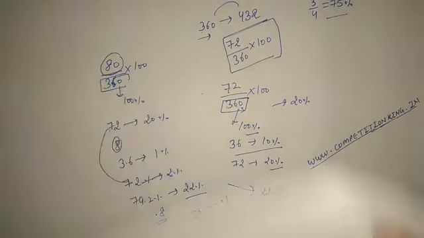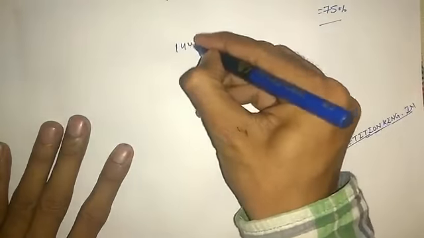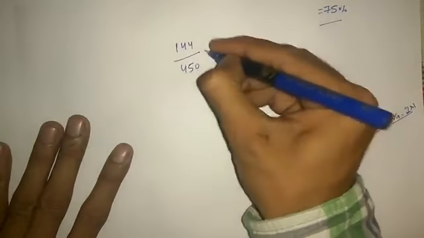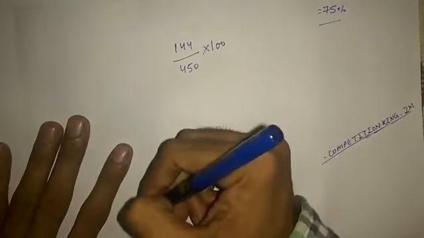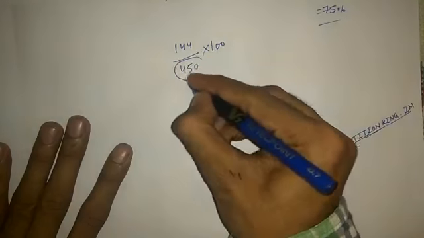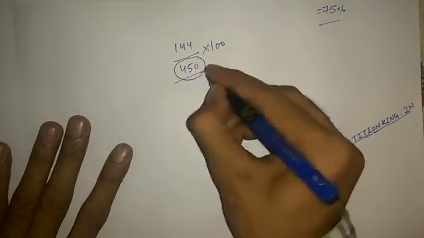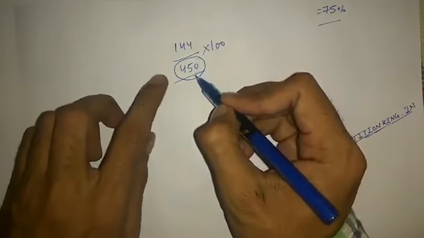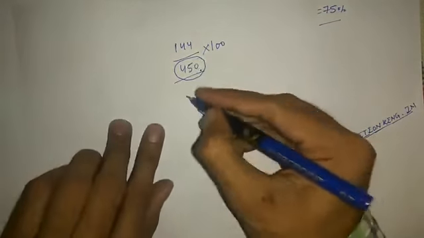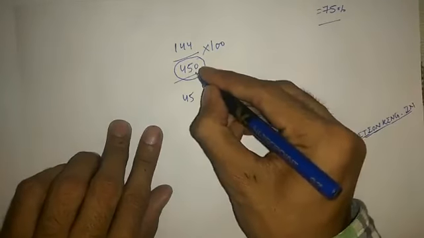See another example based on this concept. If I have to calculate 144 is what percent of 450? Always take the denominator as 100%. I have to calculate 144 is what percent of 450? As you know, 45 is 10% of this.